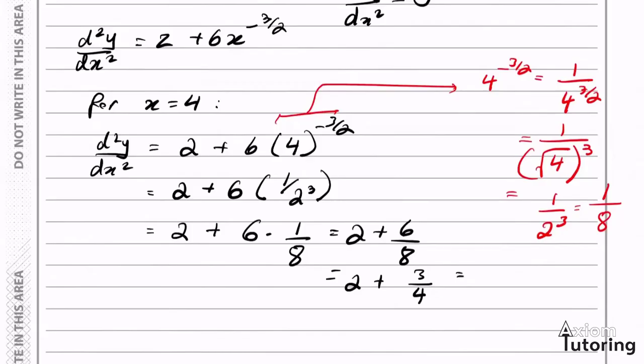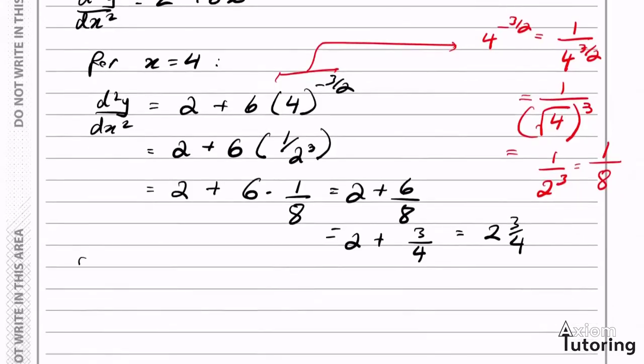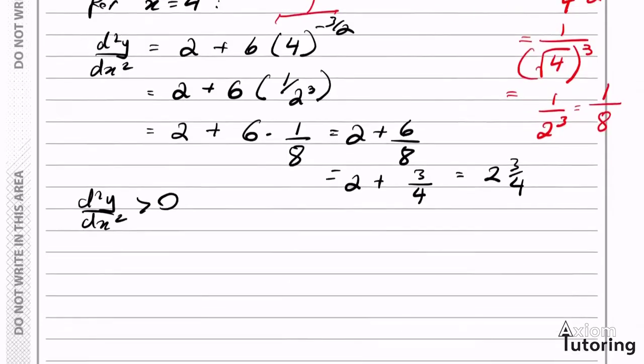So we can keep that as a mixed fraction here, 2 3/4. Clearly d squared y over dx squared is greater than 0, hence we have a minimum stationary point.